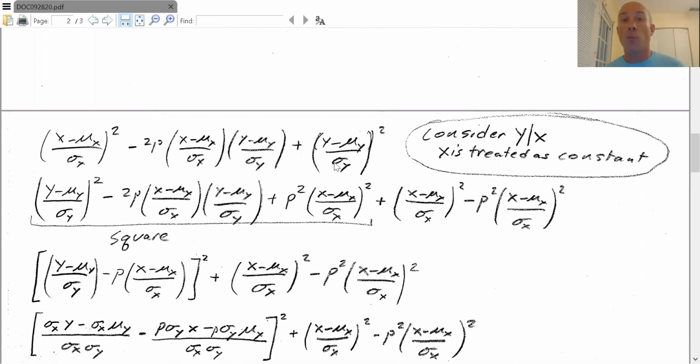Hopefully from college algebra, I go, hey, I've got a square going on, and I have a linear term for y. Remember, x is a constant when I look at y given x, so really I can look at this as a quadratic on y. X is just some number. I'm really not going to be too worried about it.